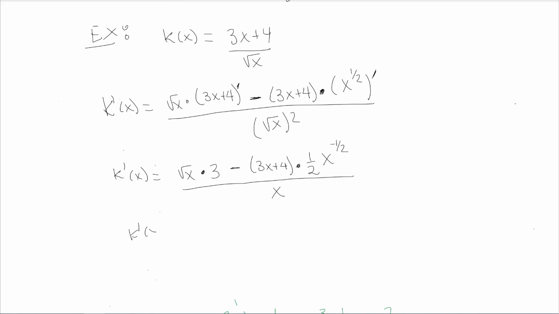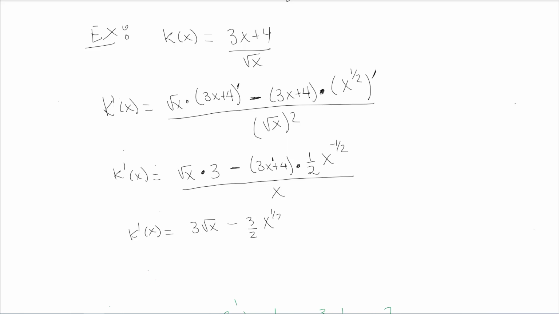So k prime of x is equal to 3 root x minus, bring the 1/2 x to the minus 1/2 in. So I'm going to have 3/2 x times x to the minus 1/2. When you multiply same bases, you add exponents, right? So you have a 1 here. So x to the 1 times x to the negative 1/2, you're going to add exponents. So it's really 1 minus 1/2.